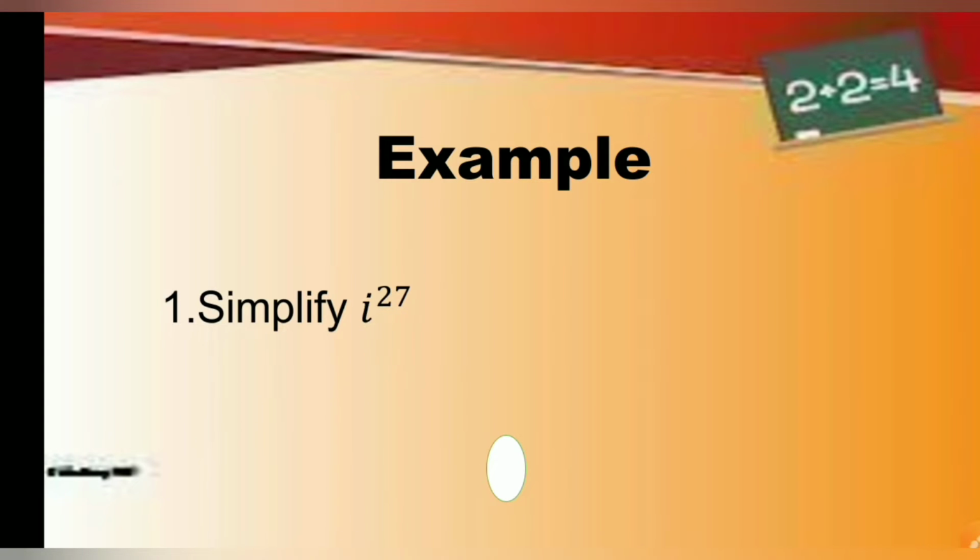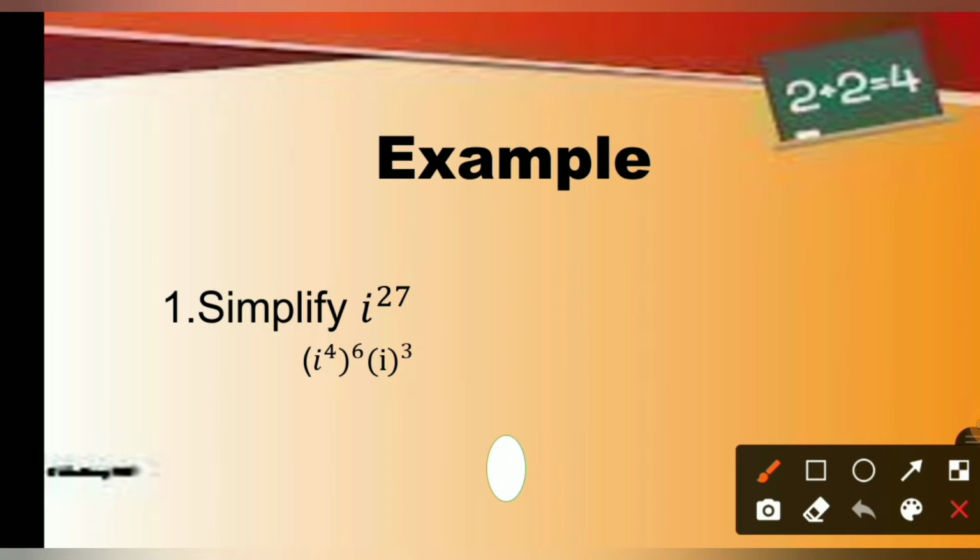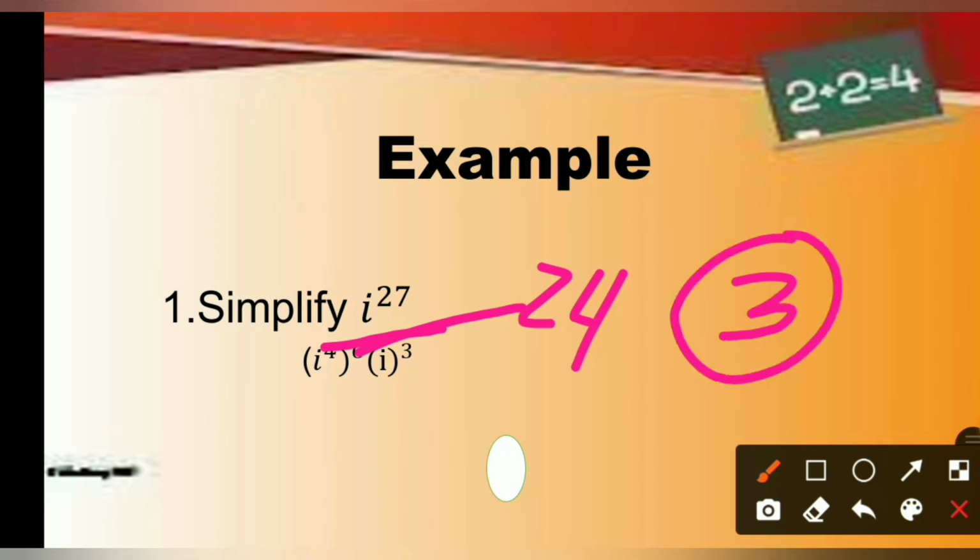Example. Simplify i raised to the power of 27. The first step is to divide 27 by 4. So we have 4 times 6, which is equal to 24, so our remainder is 3.